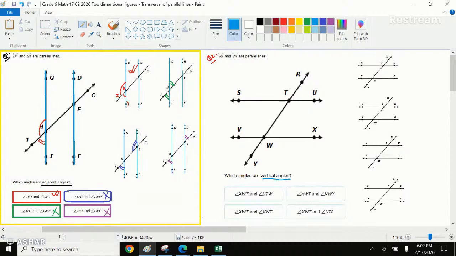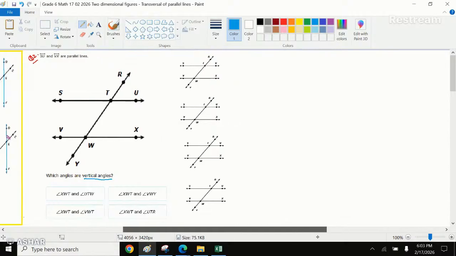If we look at the first option given to us is X, W, and T, right? If X, W, and T is given to us, what can we say? Where is X? Let's move over here.